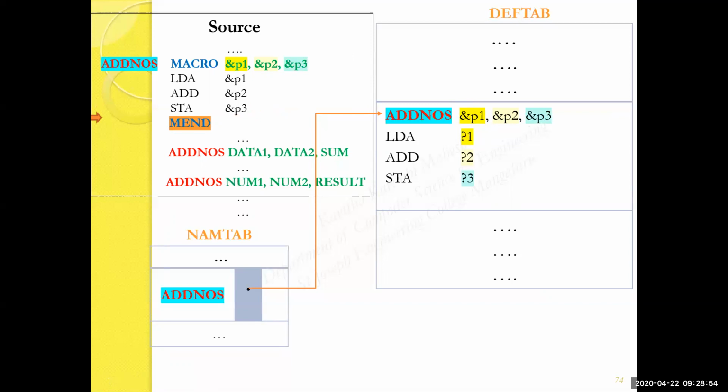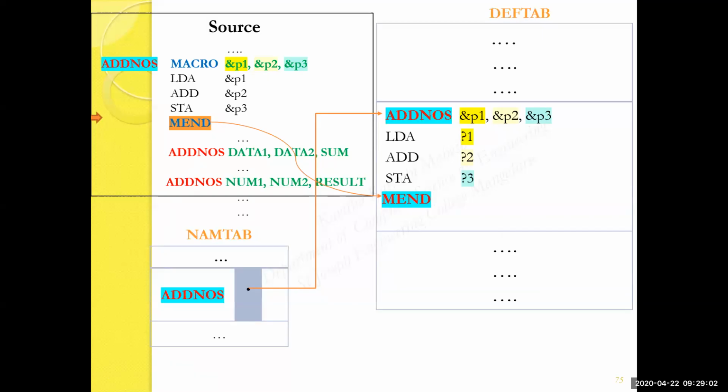The next statement that is processed is MEND in the source file. So now that the end directive is encountered, this is entered into the definition table indicating the end of the definition of the macro add numbers. So when the end is reached, the pointer is set in the name table indicating the end of the macro, namely add numbers.